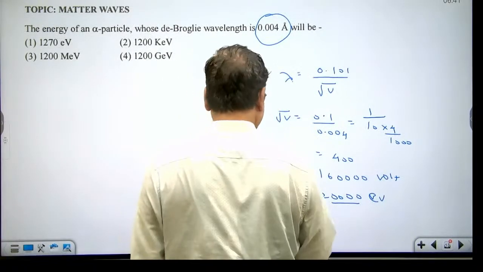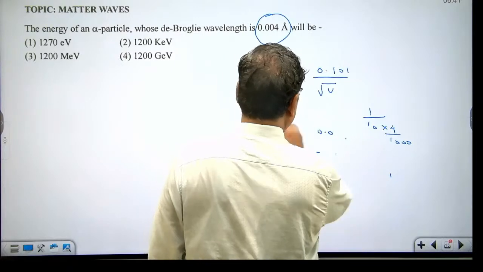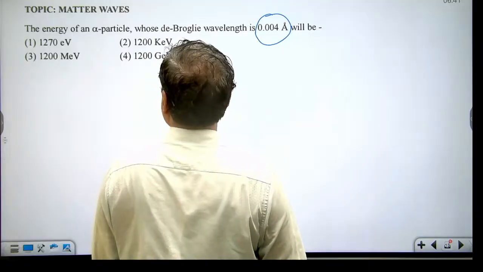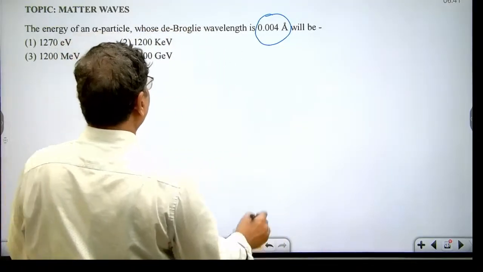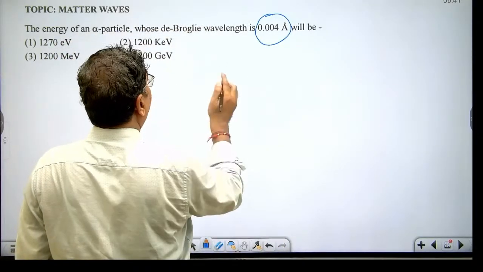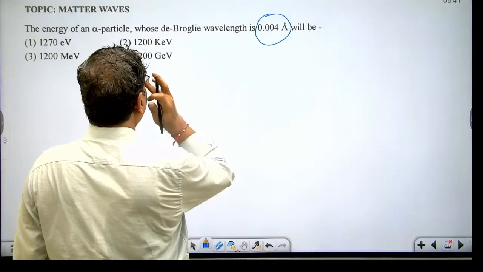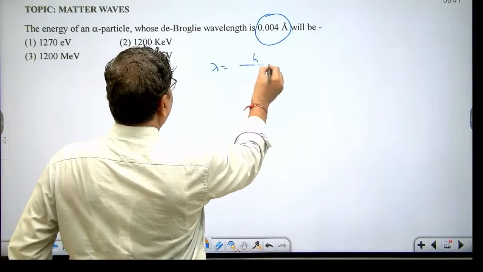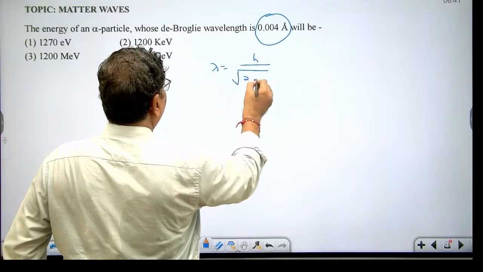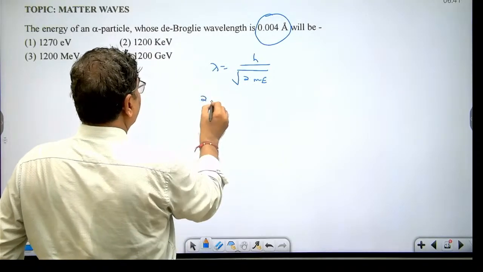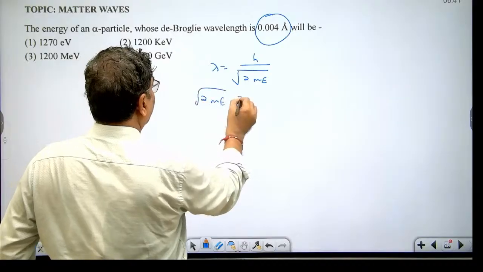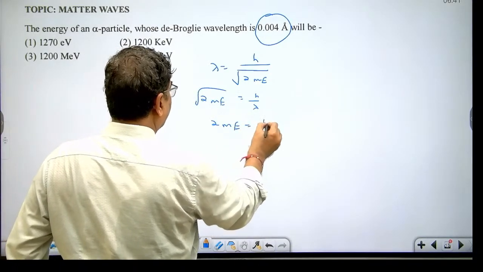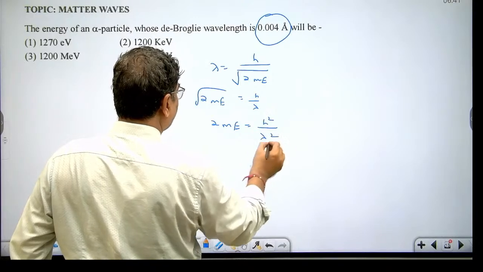Okay, let's recalculate again. Energy of alpha particle with de Broglie wavelength 0.04 angstrom. Lambda equals h upon under root 2mE. So under root 2mE equals h upon lambda. So 2mE equals h square upon lambda square.